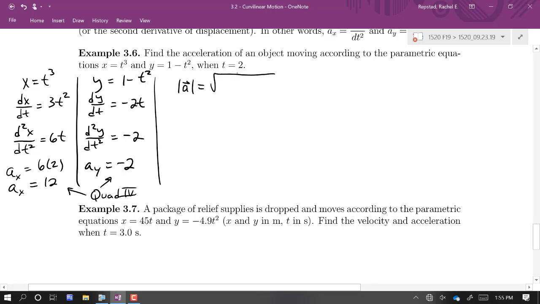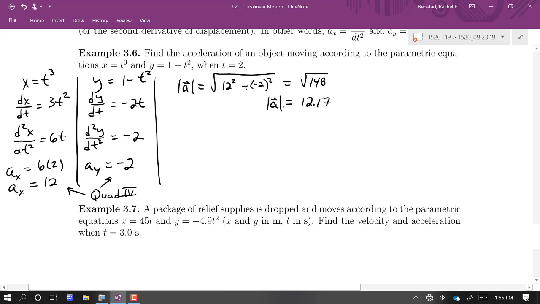So we're going to use Pythagoras to get magnitude. 144 plus 4 is 148. And that's about 12.17.